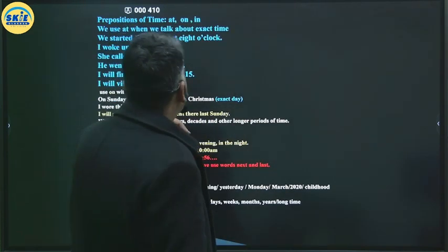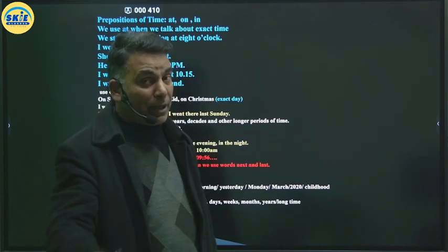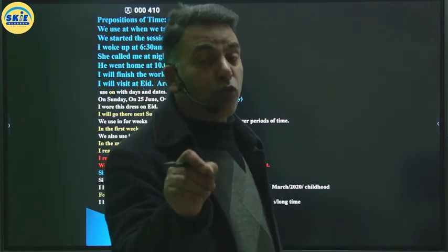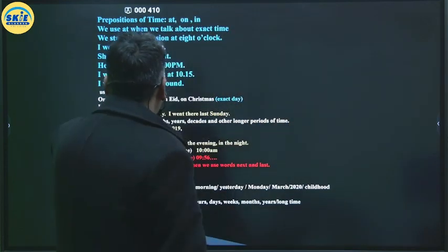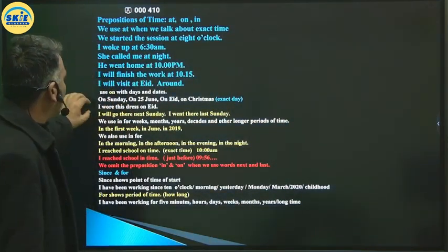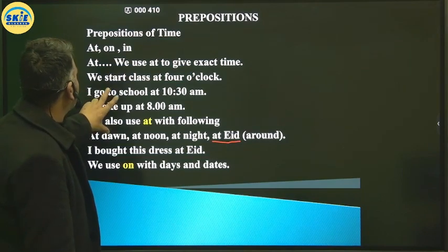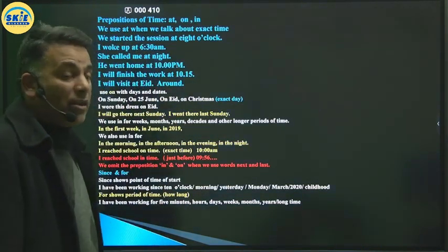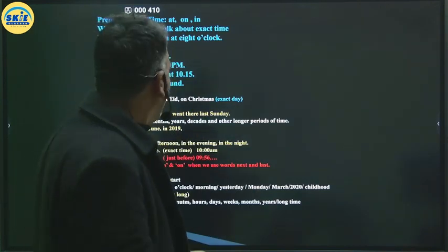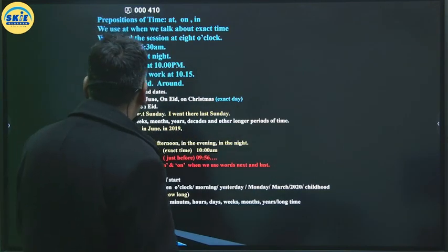But here I would say on Eid or on Christmas because it means the exact day. When you mean to say exact day, you say on for festivals like things, right? For example, I have written a sentence here. I wore this dress on Eid, right? Means exactly on the day of Eid, right?